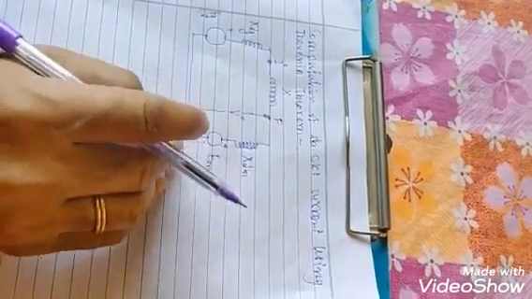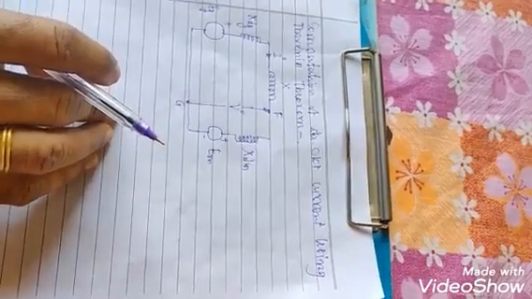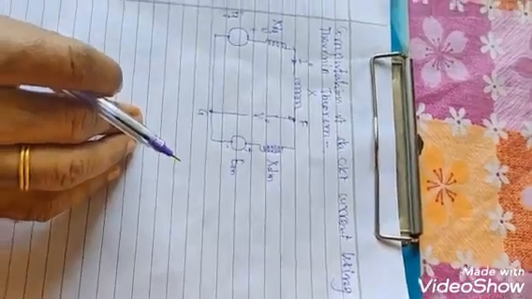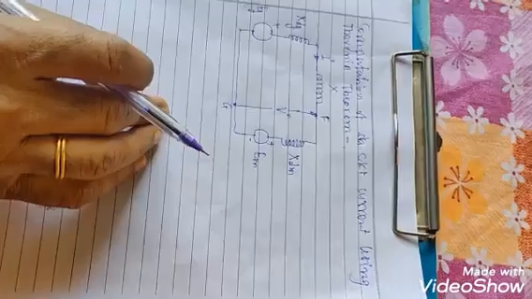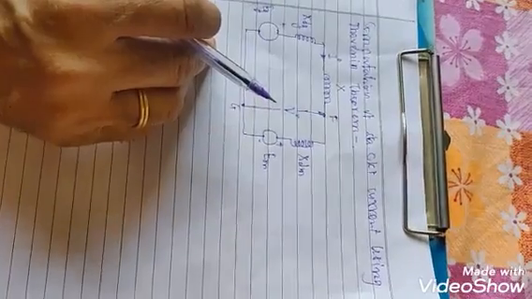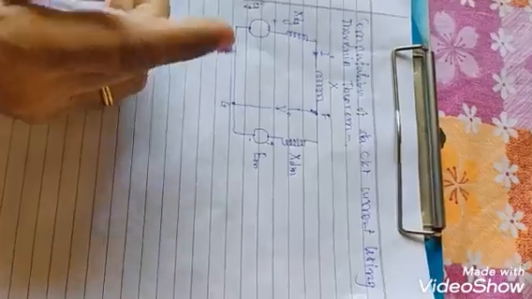As a first step, this model we have to replace by considering transient reactances or subtransient reactances in series with voltage behind transient reactance or subtransient reactance.